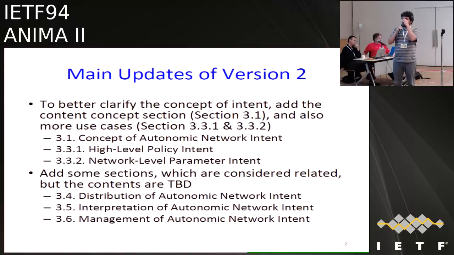The main updates are the addition of some sections on the concept of intent, and also some use cases. There's also the division into two classes of intents: the first one is high-level policy intent and the second is network level parameter intent, which I'm going to discuss later in the presentation. There are also some new sections which are still to be defined, but we expect to have some text for these sections soon.